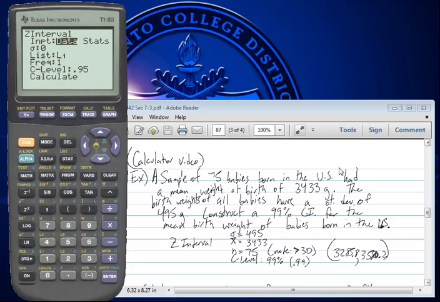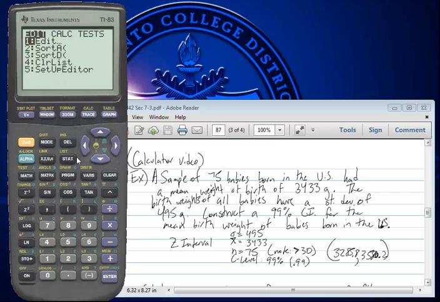So we have this sample of 75. There's a lot more than 75 babies born in the U.S., even during a month, I'm sure. What we want to do is calculate a confidence interval for the mean birth weight of all babies born in the U.S. based on this sample. Again, we don't have the original data itself. That's probably a good thing that we don't have all 75 birth weights there.